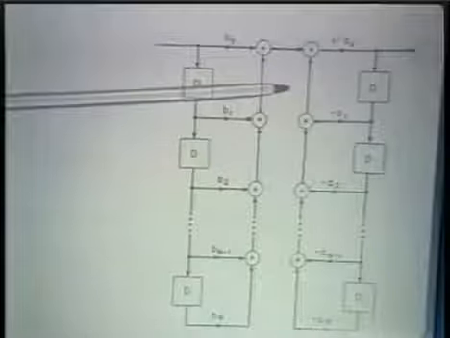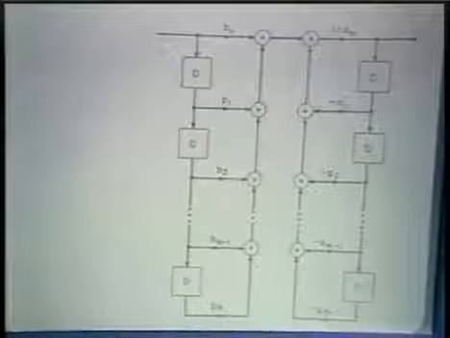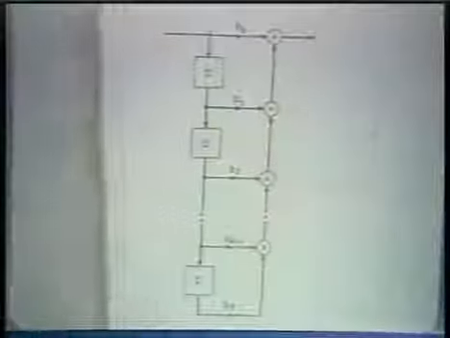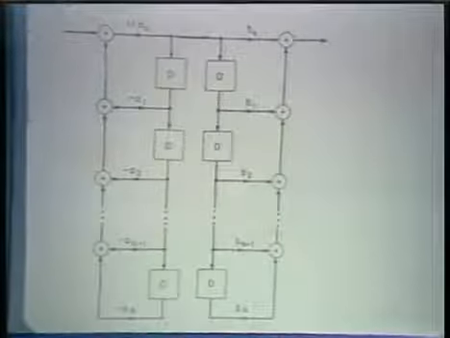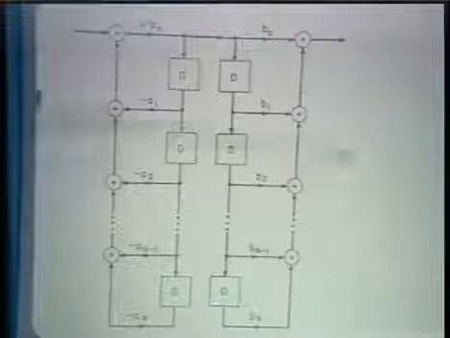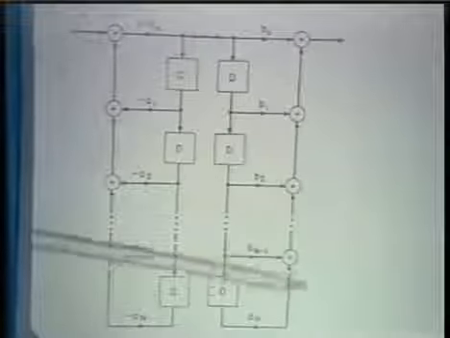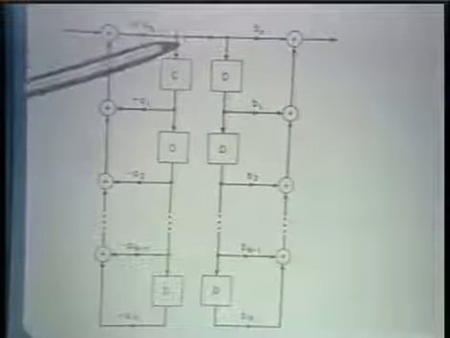So in particular, I can consider breaking this cascade here and moving this block over to the other side. And so let's just do that. And when I do, I then have this combination of systems. And of course, you can ask what advantage there is to doing that.